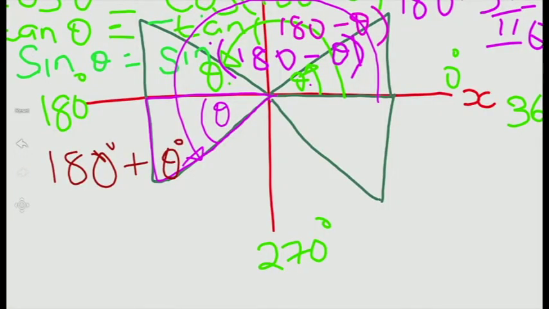It is 180 degrees plus theta, because we have the straight angle here, and then we have a congruent angle reflected on the third quadrant. So from 180 degrees going to 270, we do not reach 270, we end at theta, which means the size we have here is theta. Here we have 180, so it's 180 plus theta.